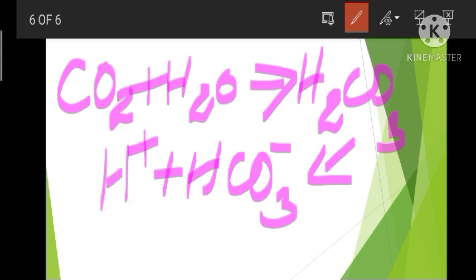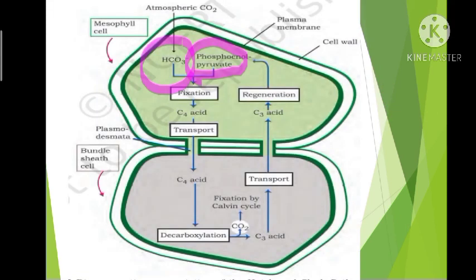that is carbonic anhydrase. Okay, so when carbon dioxide is present inside the cell, when it enters inside the cell, immediately it will be hydrated and it forms the bicarbonate. Okay, so this bicarbonate will be accepted by this phosphoenol pyruvate in the presence of the enzyme PEP carboxylase.